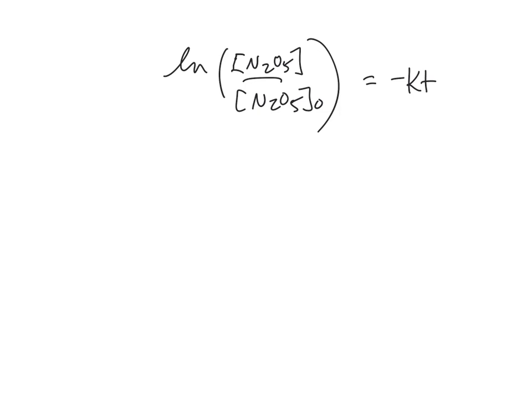Now we can take the exponential, or the inverse log, or the anti-log of both sides. That is done with the symbol e here. So e to the logarithm of something is equal to the something. And on the other side, you do the same thing. So this time it'll be e to the minus kt.